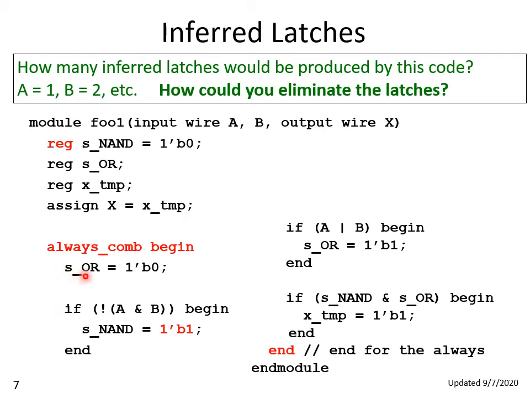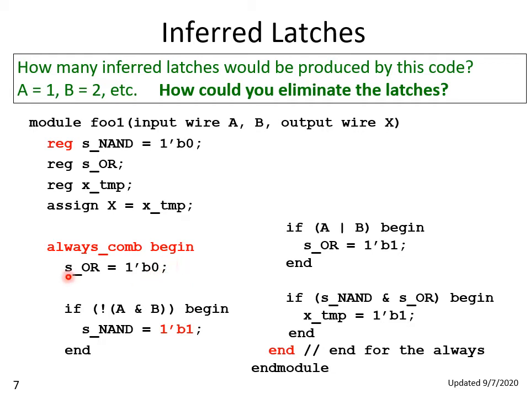S underscore OR is assigned a value of logic 0. Okay, well, this statement alone guarantees that S OR has a defined value, because no matter what happens in the rest of the code, we have already assigned a value to S OR. Now, it's possible that further down that value will be overridden by some other value, but we're not going to get a latch on S OR.